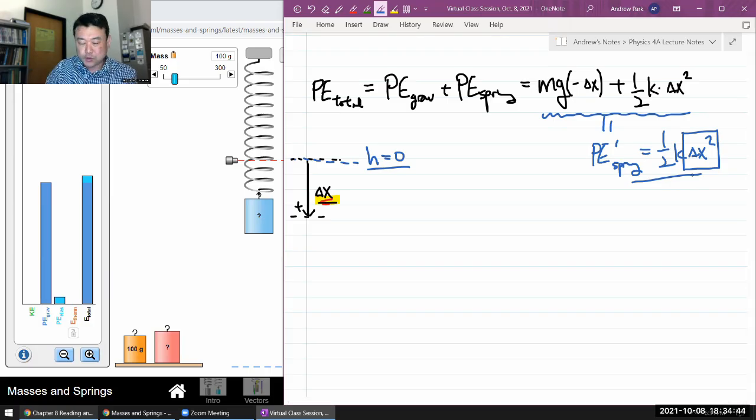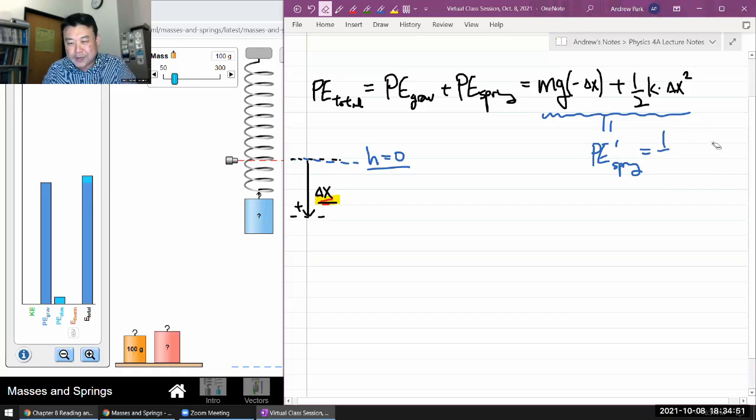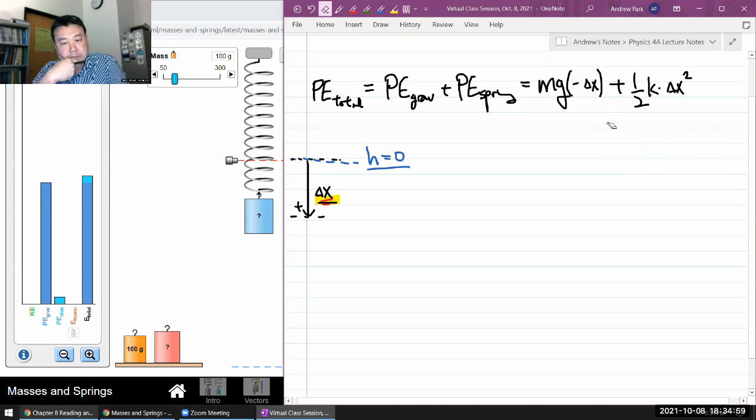Now, there's a pure mathematical way to do what I want to do next. I think it's called completing the square. But since this is not algebra class, it's a physics class, let me find a more physical justification for what I want to do. So for a physical justification, I think what I'm looking for first is my new equilibrium position. Because one thing that I know definitely changes between my old spring and my new spring is that equilibrium position is not at the same position.